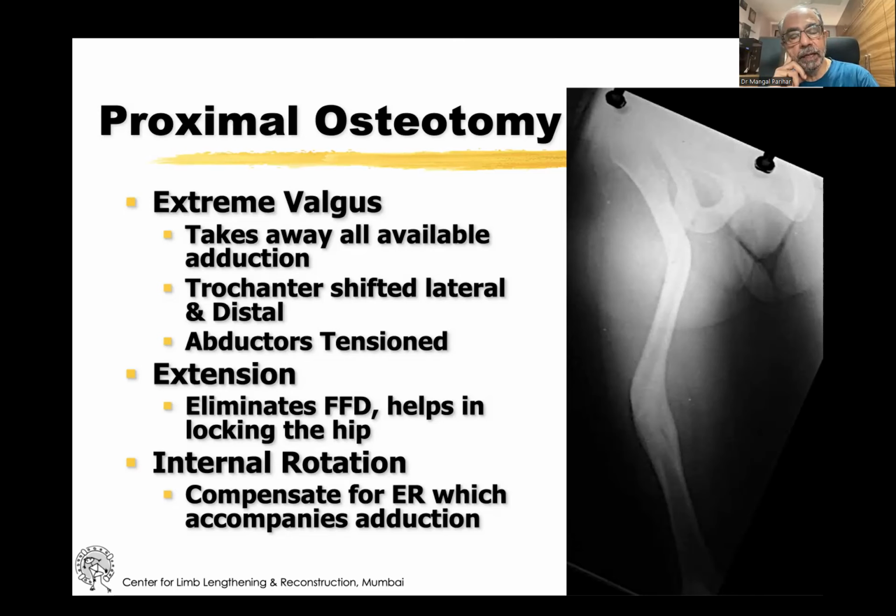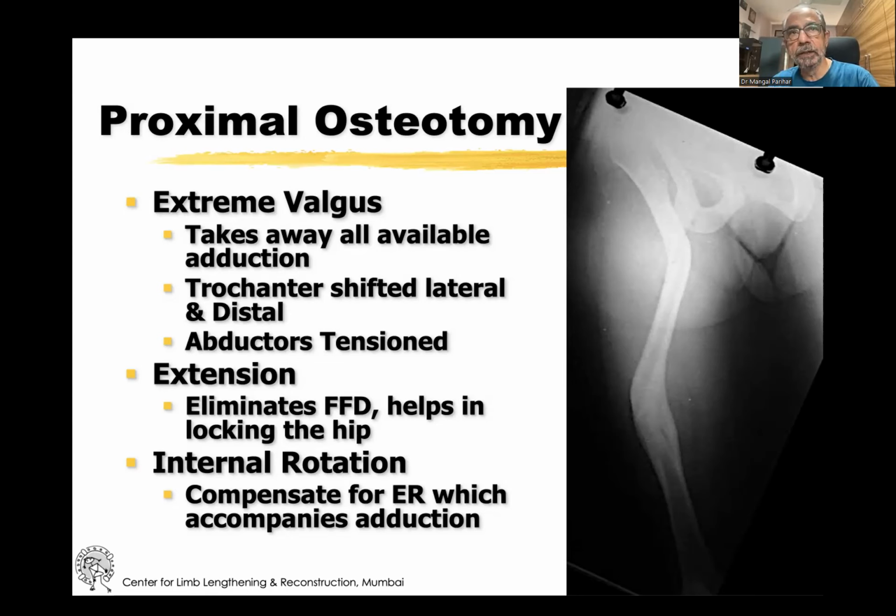So it eliminates the flexion deformity because the hip usually has gone behind. And when the patient is standing, it uses the anterior capsule to stabilize the hip. The third thing which we do in the proximal osteotomy is internal rotation. So this compensates for the external rotation.